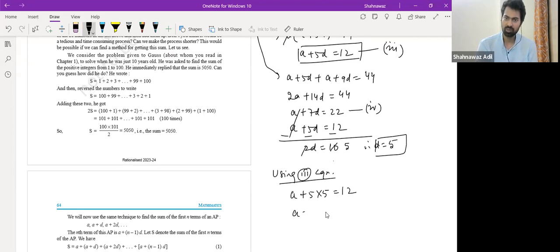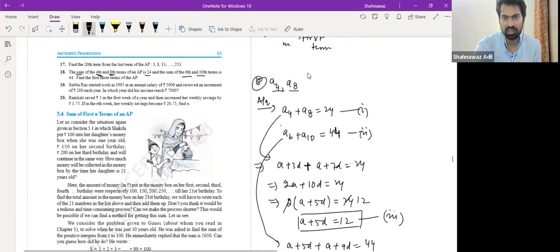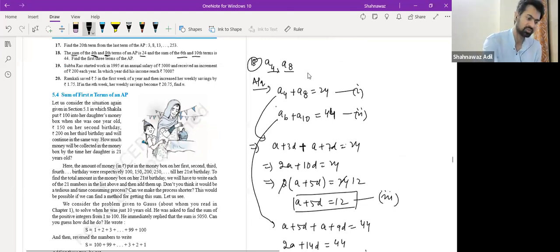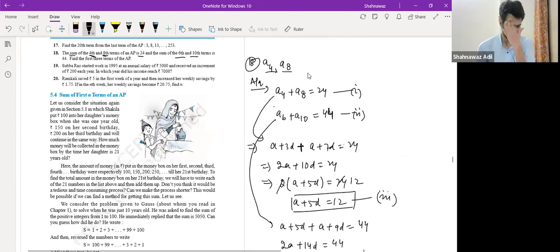So a is 12 minus 25, so this is minus 13. Right. So this would be the answer. Any doubt, guys? No, sir. Okay, you guys just quickly note down this part, and then questions 19 and 20 you try by yourself.